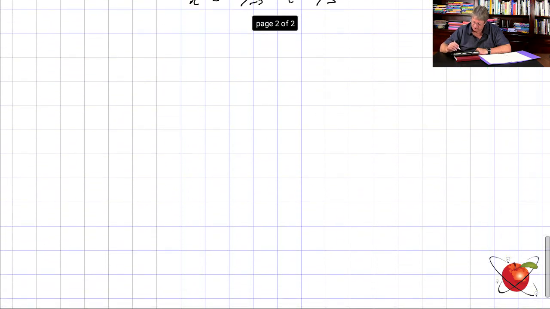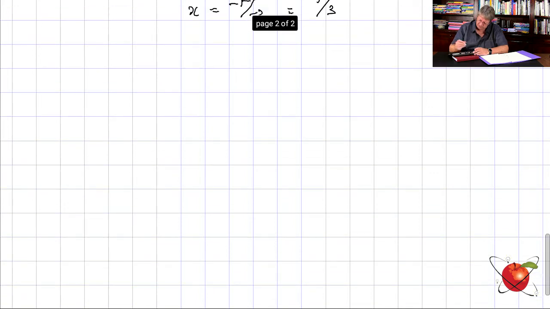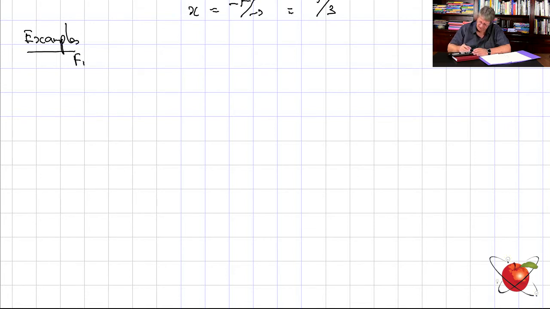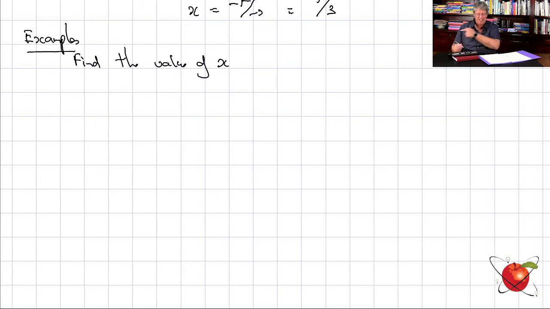Then my next one is another example, all right? We're going to rip through quite a few examples, but I think it's important. Find the value of x. In other words, they mean the x coordinate. That's what they're saying, is it not?